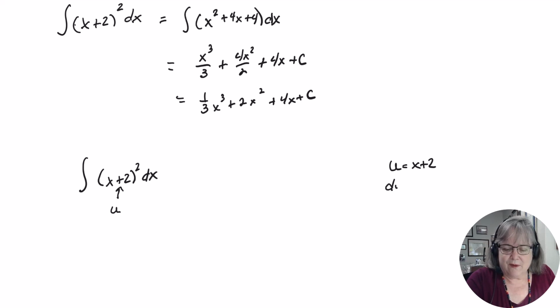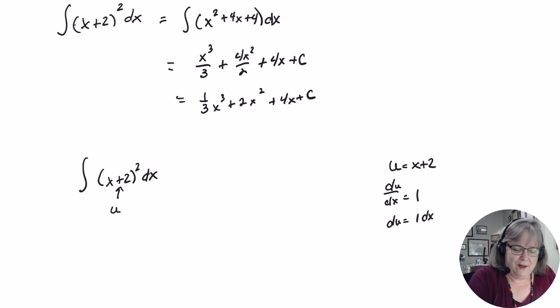then the derivative of u with respect to x is, well, the derivative of x is 1, the derivative of 2 is 0, so du would be equal to 1 dx. And the 1 is kind of understood to be there, right? So you can think of this as 1 dx right here, so this would be du.